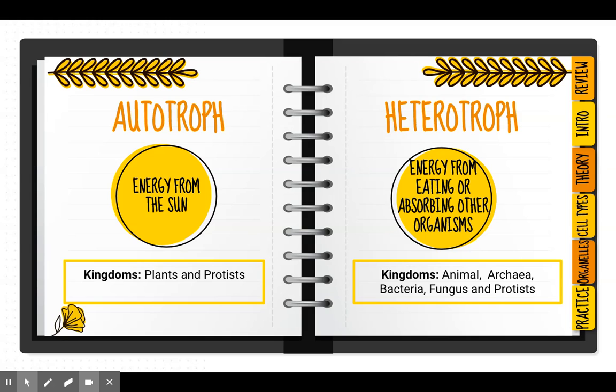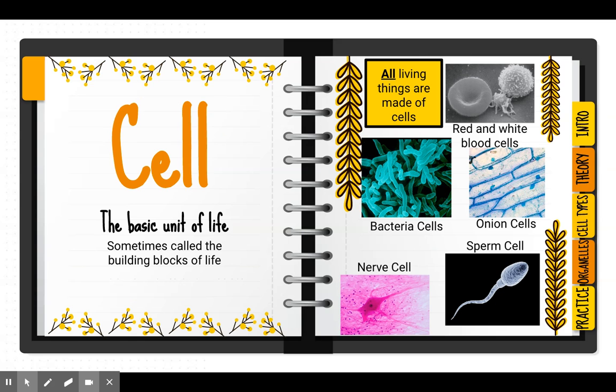Heterotrophs don't have those parts. Heterotrophs, like us, animals, archaea, most bacteria, fungus, and some protists, have to eat things. They have to get their energy by absorbing things around them. And when they do, they can take that sugar and that food and process it and turn it into energy.